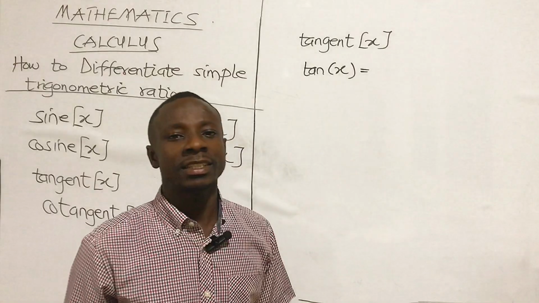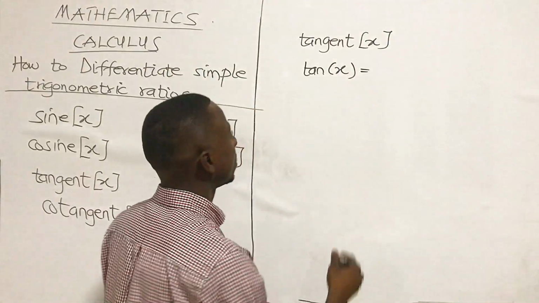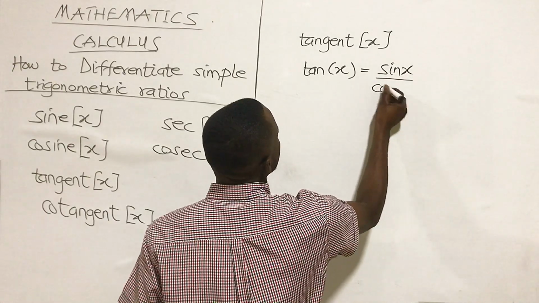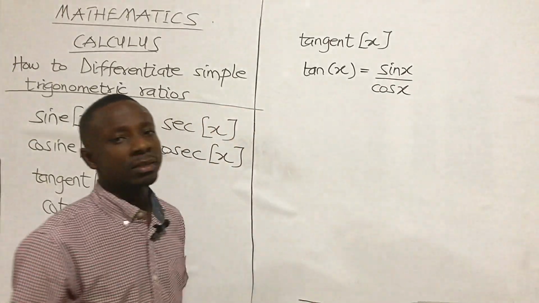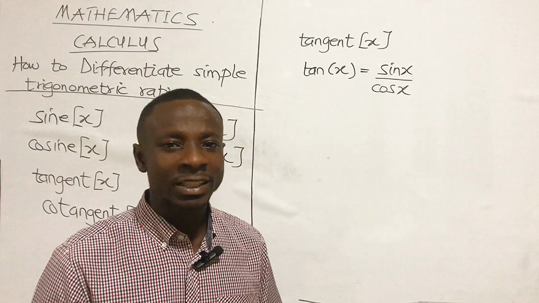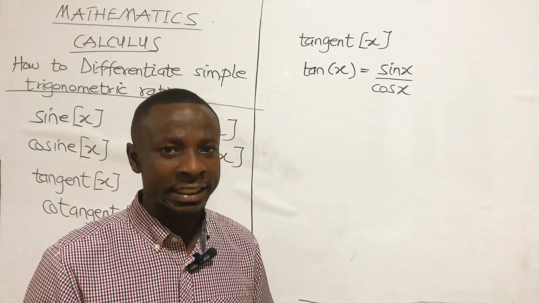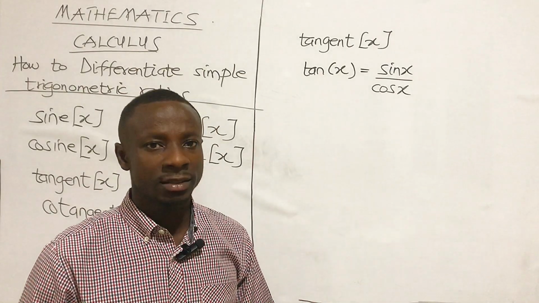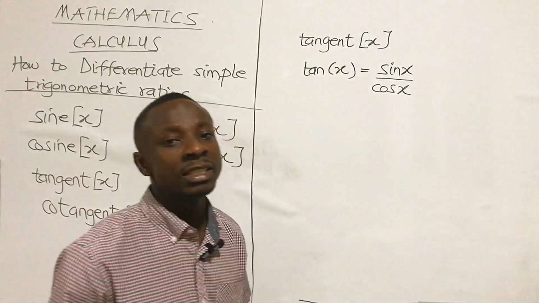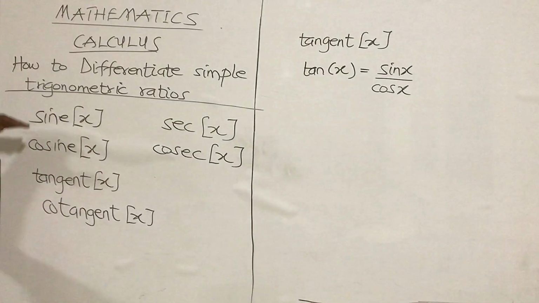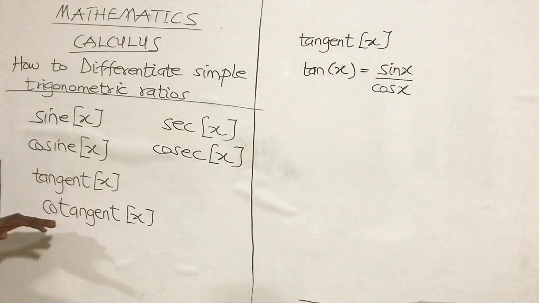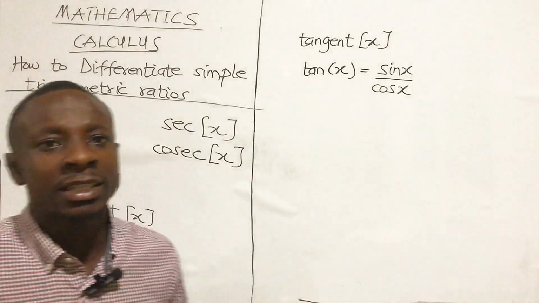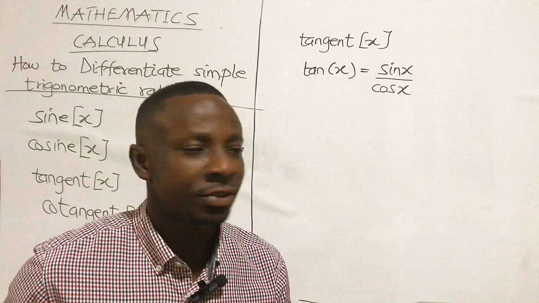Its definition is the same as sine x over cos x. This is the definition for the tan. So tan is derived from sine and then the cosine. Now the cotangent, the sec and then the cosec, we are going to look at in our next video.